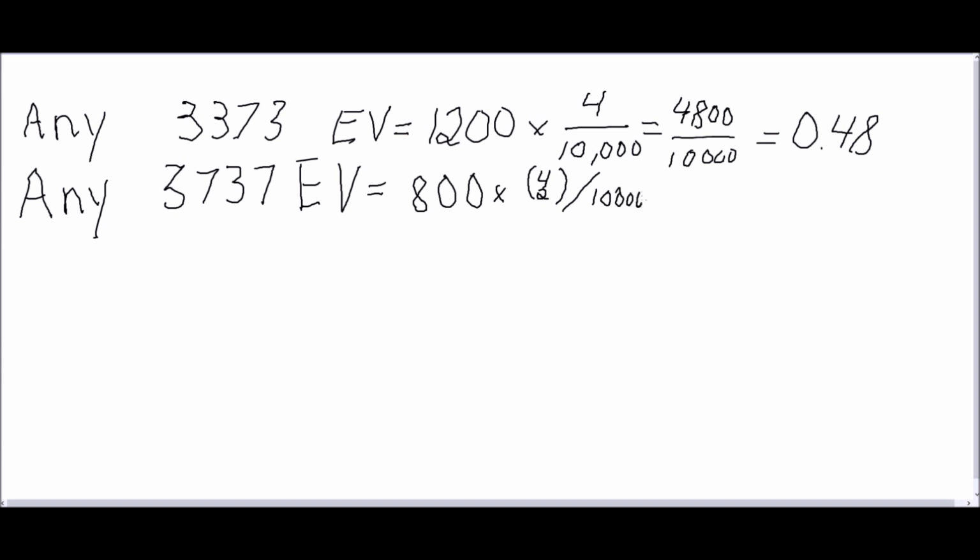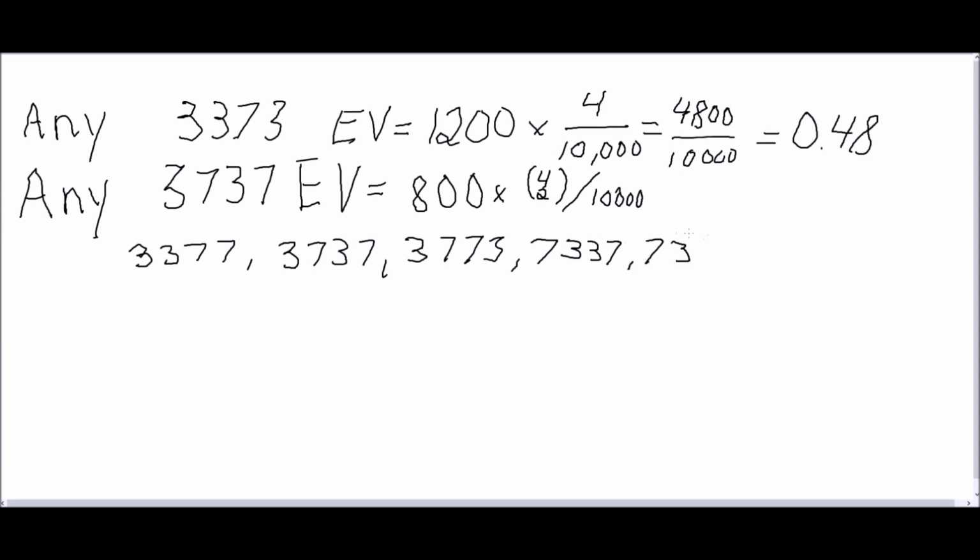So 4 choose 2 is 6, and I'll prove it to you. Let me just write them down. The state could choose 3, 3, 7, 7; 3, 7, 3, 7; 3, 7, 7, 3; 7, 3, 3, 7; 7, 3, 7, 3; and 7, 7, 3, 3.